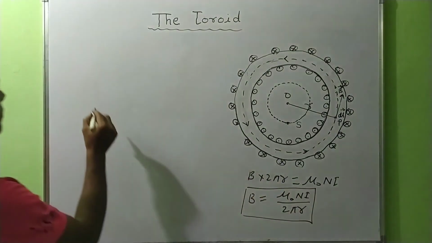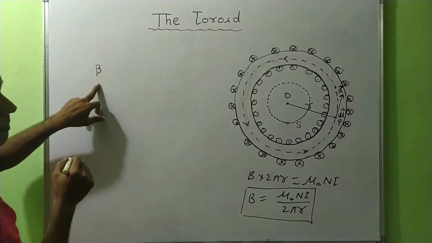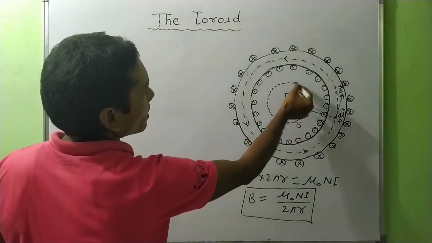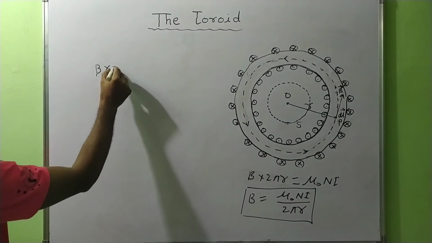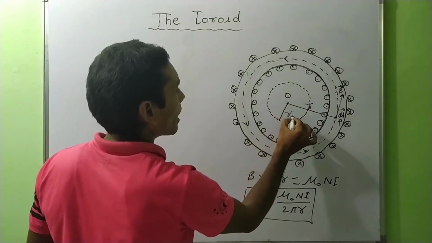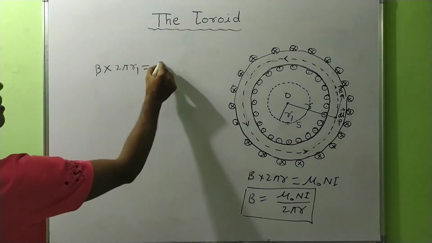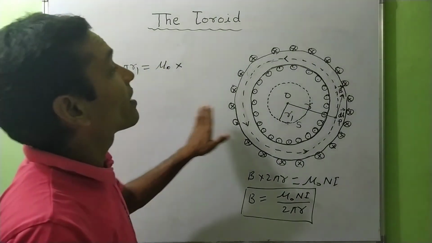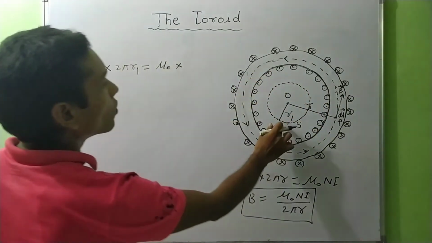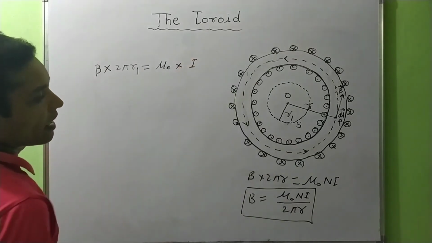From this equation, at the point S, if the strength of the magnetic field is B and the total length of this circular Amperian loop is 2 pi R1, where R1 is the radius of this circular loop, it will be equal to mu naught times the total current threading through this small Amperian loop of radius R1. Let this be I.